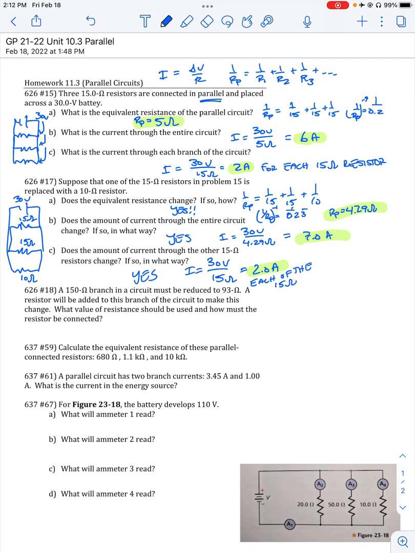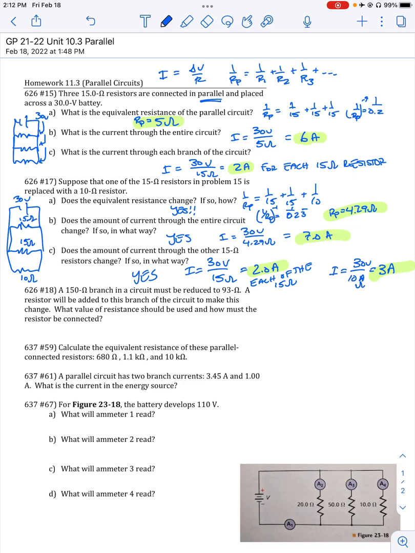Sorry, I got ahead of myself earlier. What will change is that 30 volts running through the 10 ohm resistor will give us 3 amps there. So we'll actually get more current running through the lower resistance one. And that's not amps, that's actually ohms. So that's where we're going to see a change.